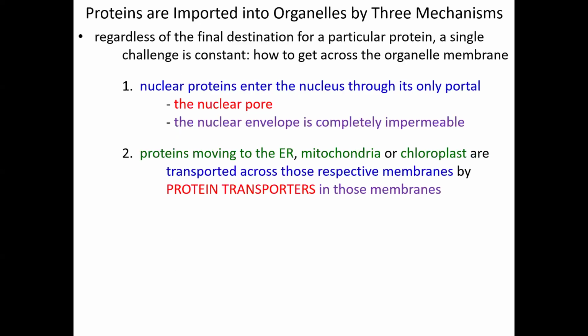Second strategy are protein transporters. Remember, a transporter is a membrane-bound protein that serves as a doorway or portal across the membrane, and it has moving parts. So we have protein transporters in the ER. We have protein transporters in the mitochondria, the chloroplasts. Transmembrane proteins with moving parts, whose job it is to thread and transport a protein into those organelles.